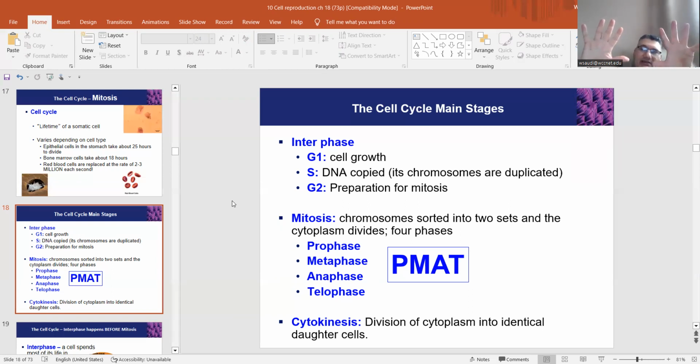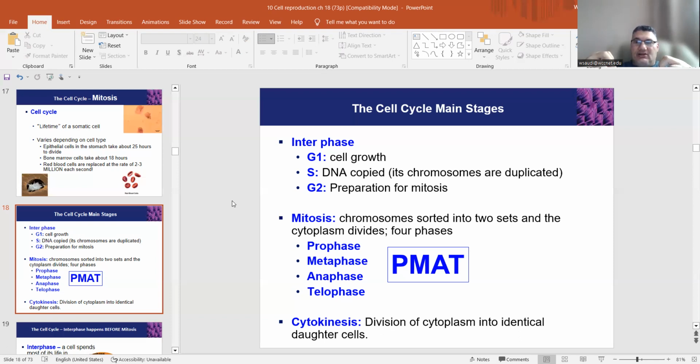You have to duplicate that, so when you divide, you end up having 2 cells identical to the first one. Why? Because you don't want to have abnormal cells. You're having skin cells. What do you want to produce? 2 skin cells, just identical to the first one. From those 2, you get 4, exactly the same, identical. Why would you want to make different skin cells than the one that you originally have? You don't want to. So it is identical.